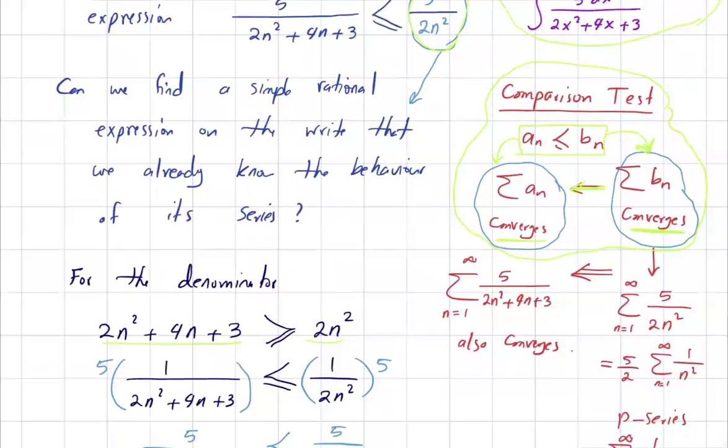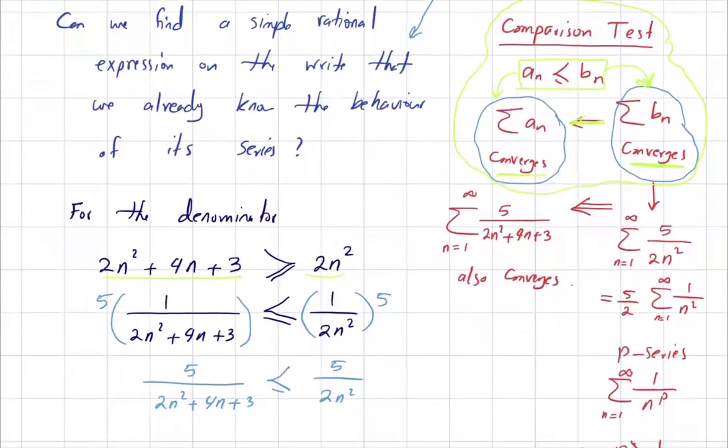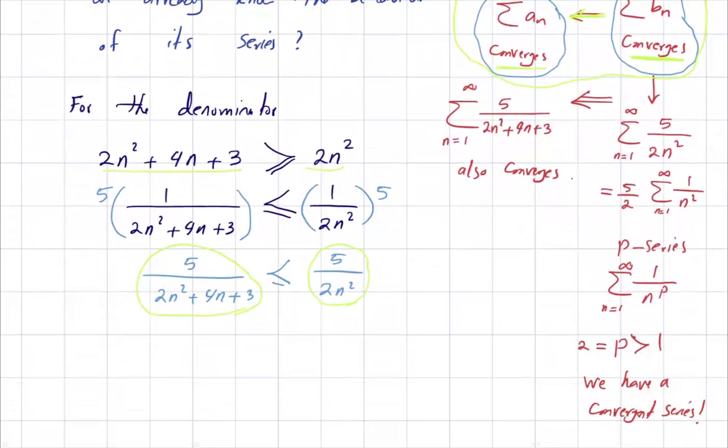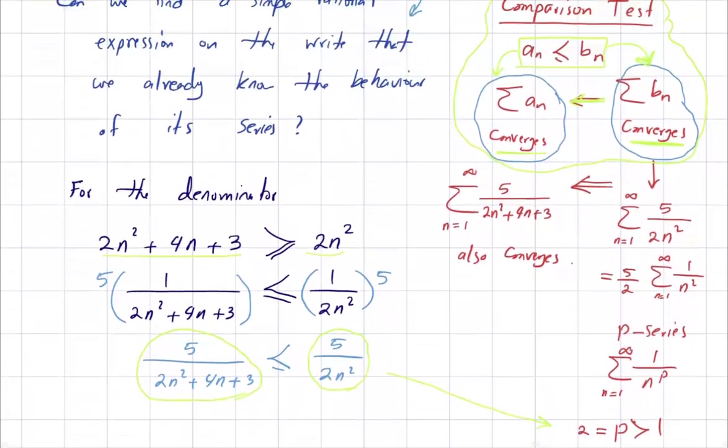If I multiply by 5, I get the exact same series on the left-hand side, and I just need to analyze the right-hand side series. Since the right-hand side series is nothing but a P series, p is equal to 2, more than 1, we have a convergent series. Since the larger series is a convergent series, the smaller series is also a convergent series as well.